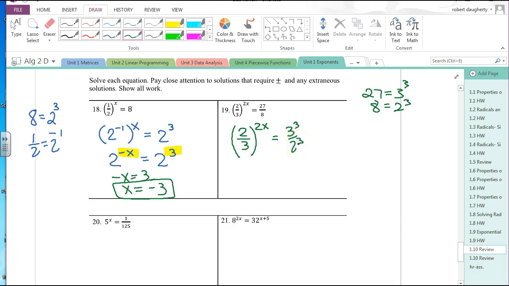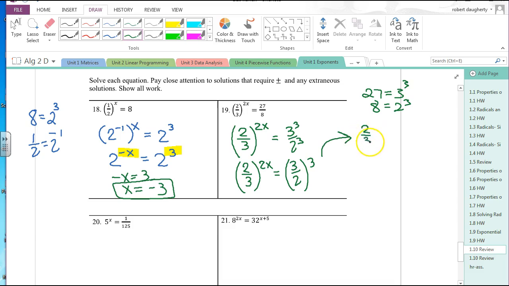Okay. So that means that 2 over 3 to the 2x equals 3 halves cubed. Now I don't have the same number on both sides, but I have the reciprocal. So I can flip one of these fractions and change the exponent. Doesn't matter which one. Let's just do it on the right side.